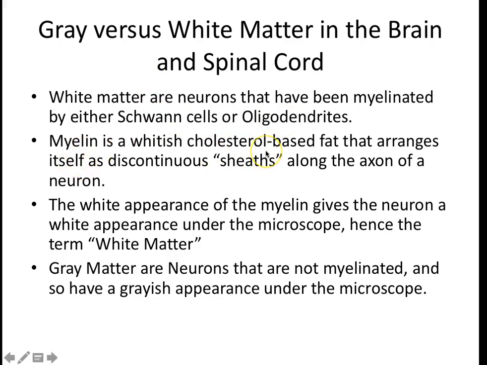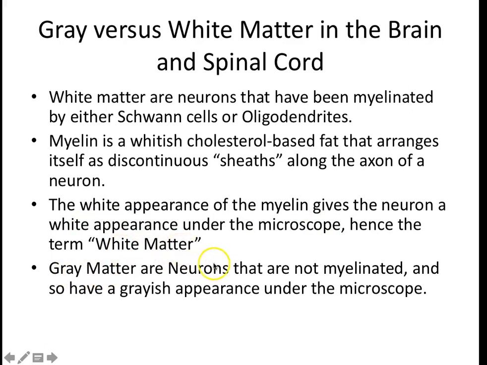Myelin is cholesterol-based fat. Cholesterol, what you always wanted to know, is white in color. So that's the whitish cholesterol-based fat that arranges itself as discontinuous sheaths along the axon of a neuron. The white appearance of the myelin gives the neuron a white color, hence white matter.